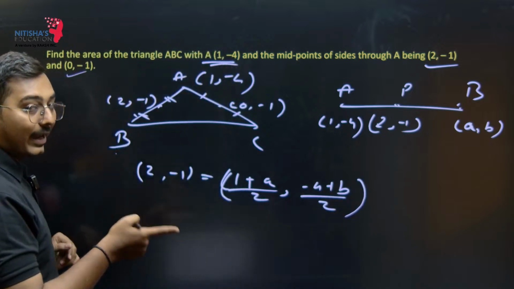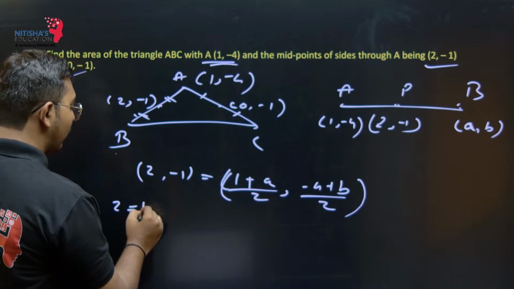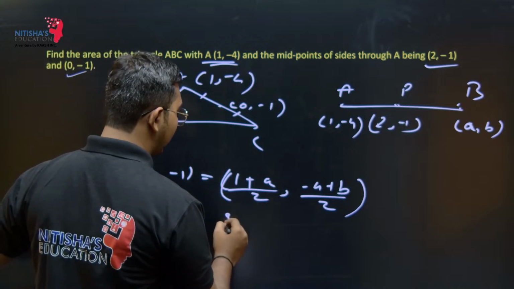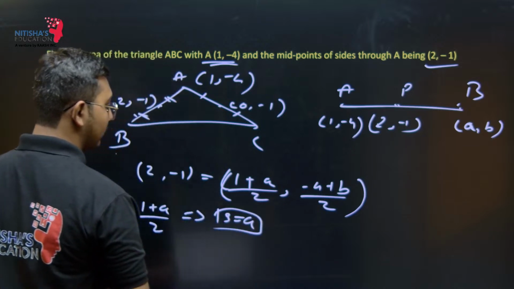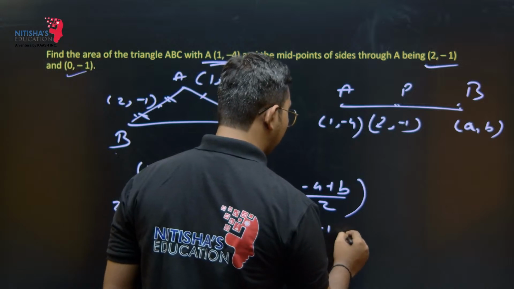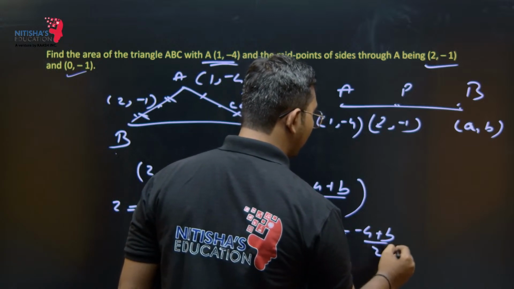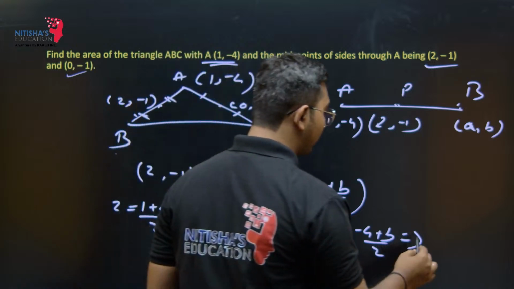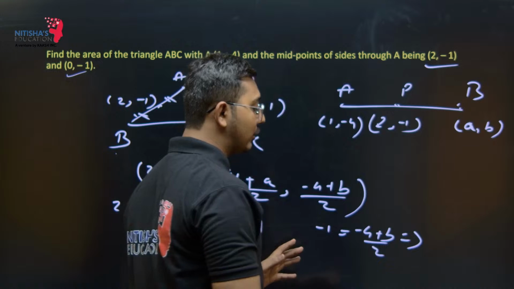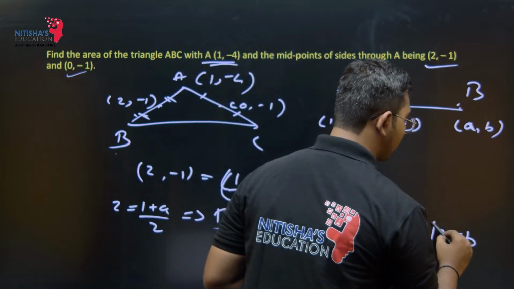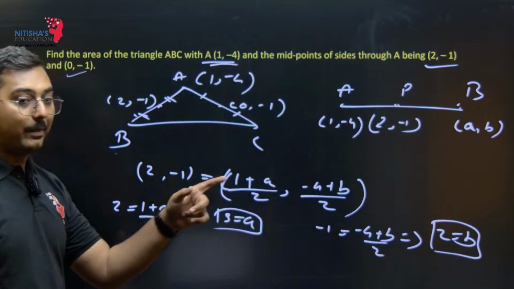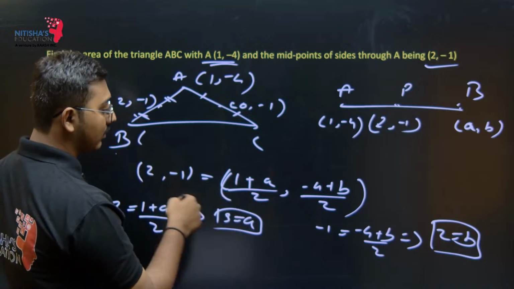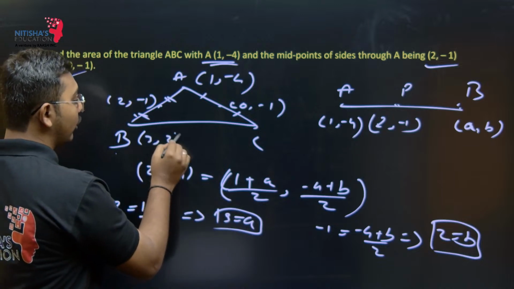So this will provide you A and B. 2 is equal to 1 plus A by 2, which gives 4 minus 1, 3 is equal to A. And minus 1 is equal to minus 4 plus B by 2, which is equal to minus 2. Minus 4 over this side will be plus 4. Plus 4 minus 2 is 2. So 2 is equal to B. So what are the coordinates of A and B? Or you can say what are the coordinates of this capital B? It is nothing but 3 comma 2.